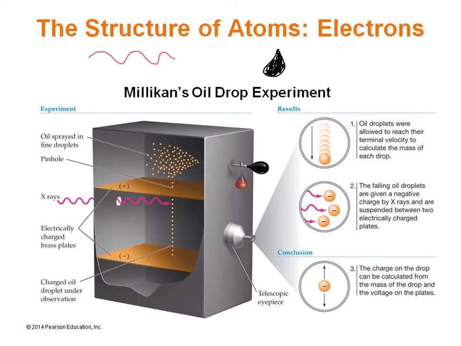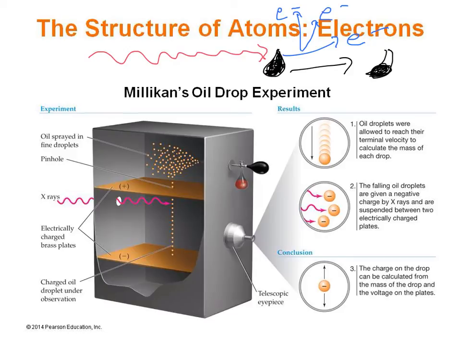Millikan comes along and says, "I'm shooting you with X-rays." Oh no! And when the oil drops are hit by an X-ray, they lost an electron or multiple electrons. That left the oil drop with a positive charge.